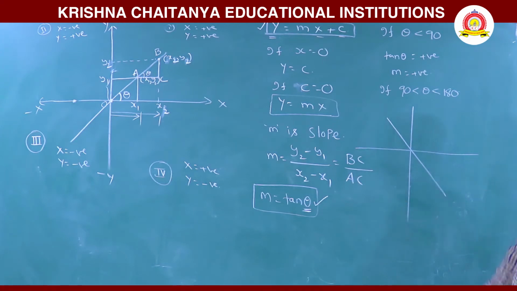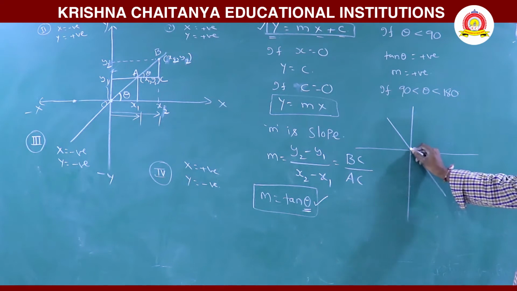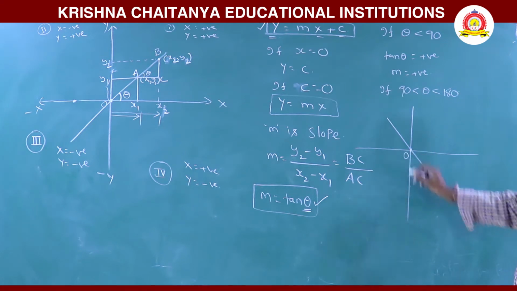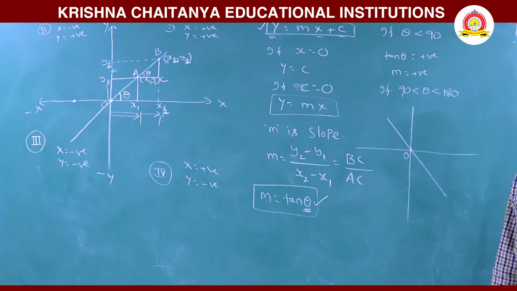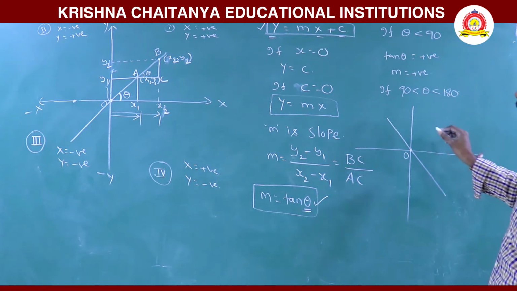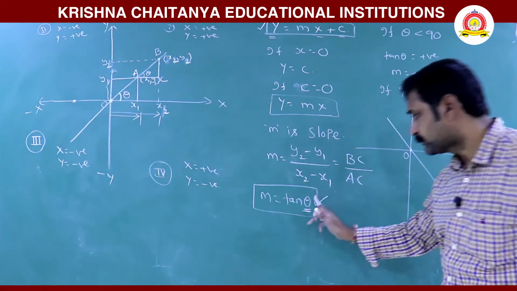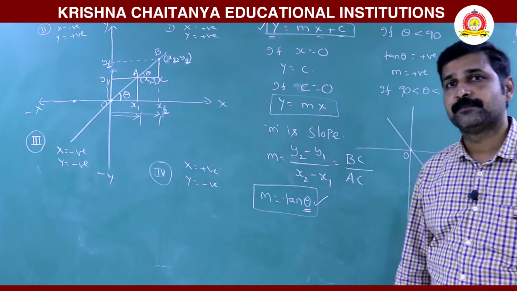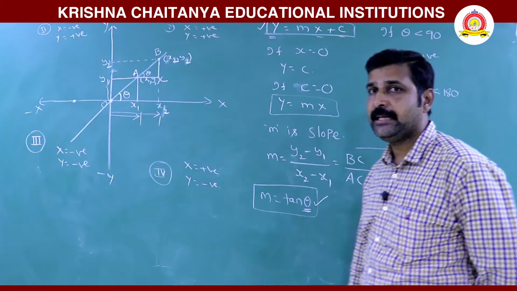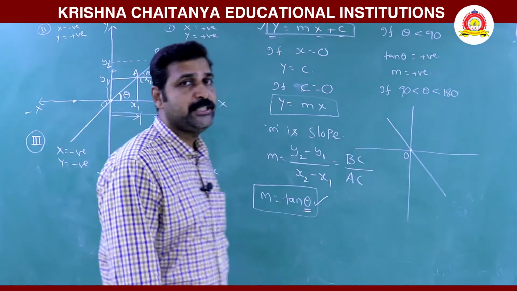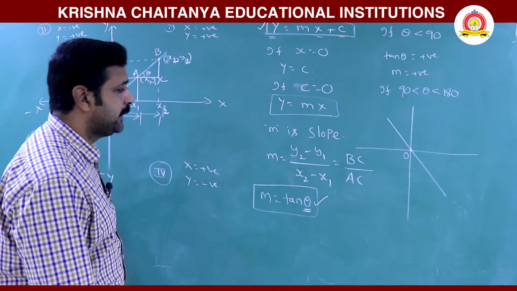This is also a y is equal to mx graph, since it is passing through the origin. But here, slope is always measured with tan theta, where theta is the angle made by the straight line with the positive x-axis.